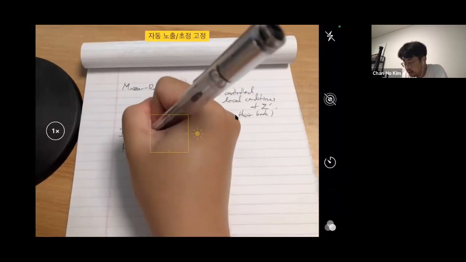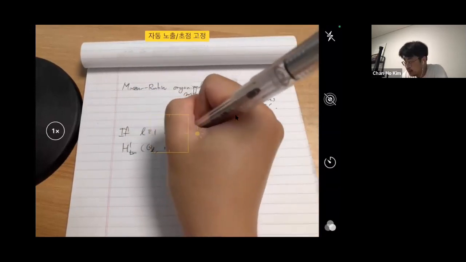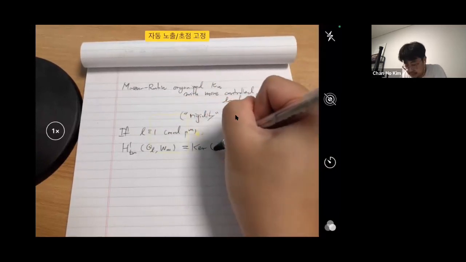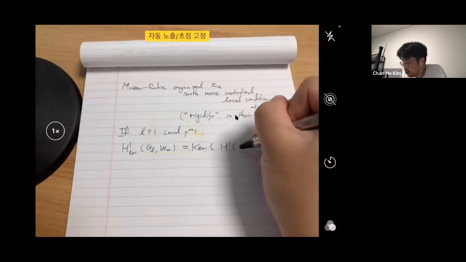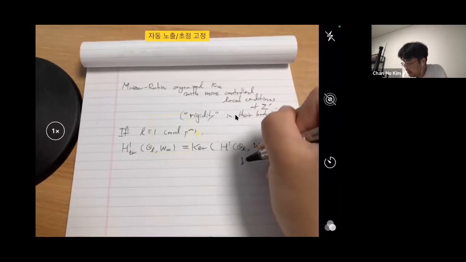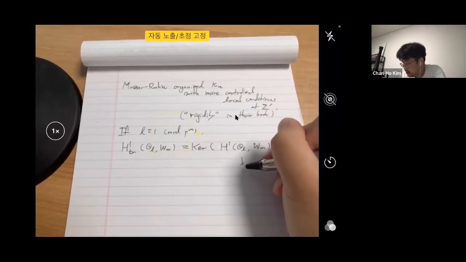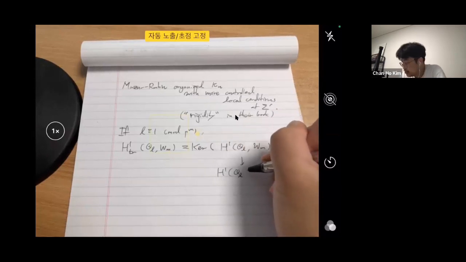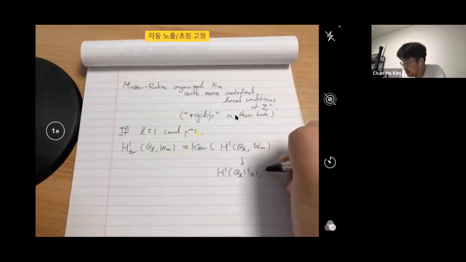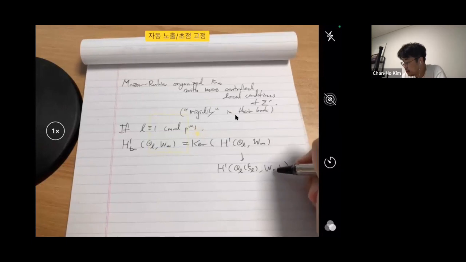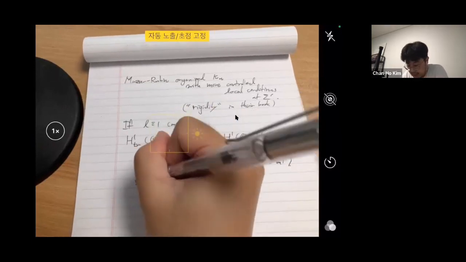H1 transverse of QL, WM is the kernel from the usual local cohomology to the restriction map to H1 of QL adjoining zeta L, with WM. This is called the transverse local condition at L.